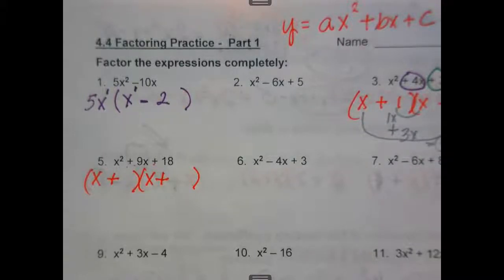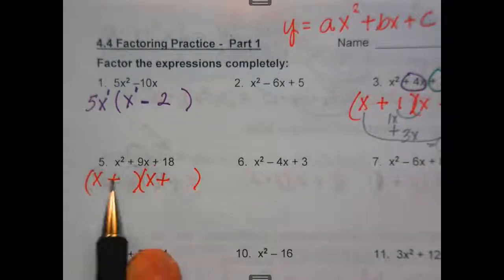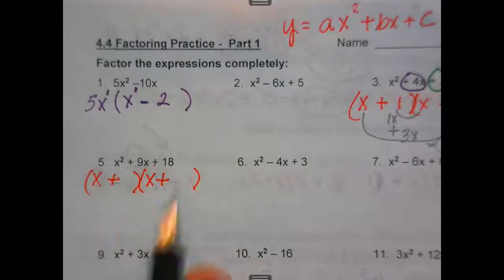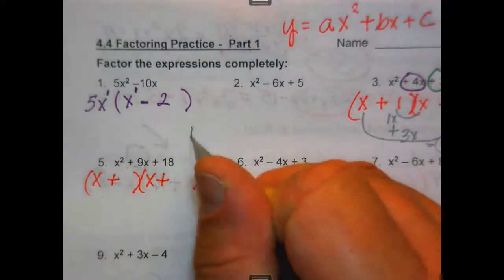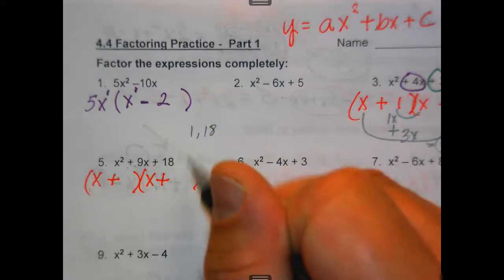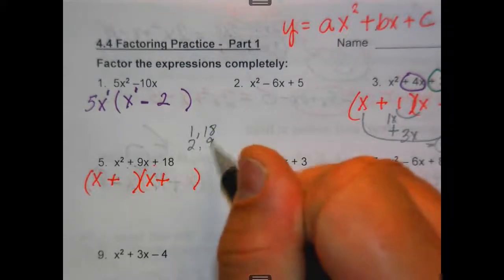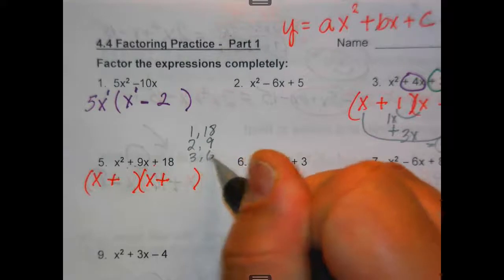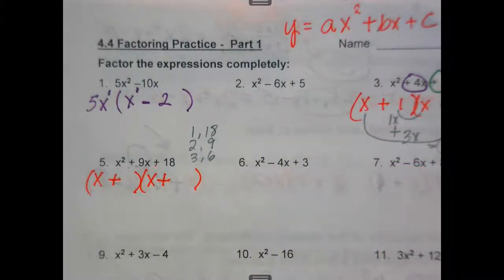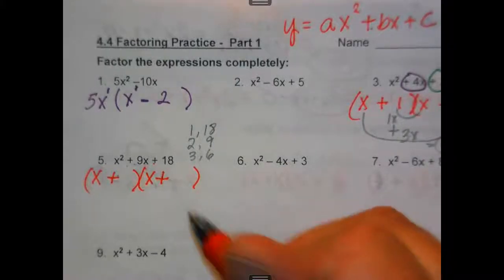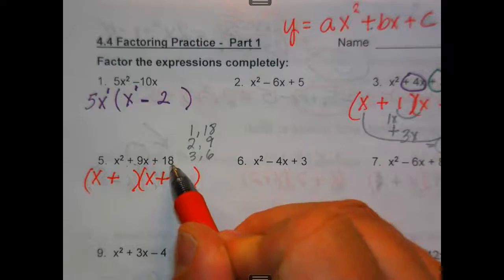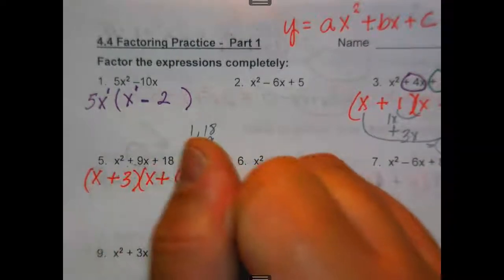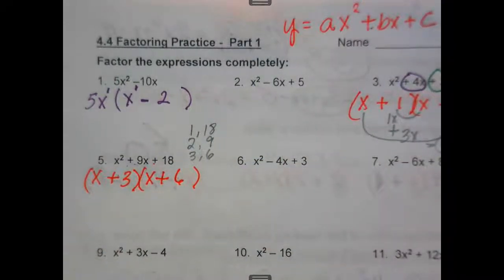Factors of 18. Now I'm going to be adding these, right? I'm going to be adding the inside and the outside, so I'm going to be adding the factors of 18. So I have 1 and 18, 2 and 9, 3 and 6. Which ones add up to 18? Oh, I'm sorry, to 9. 3 and 6. That's it.